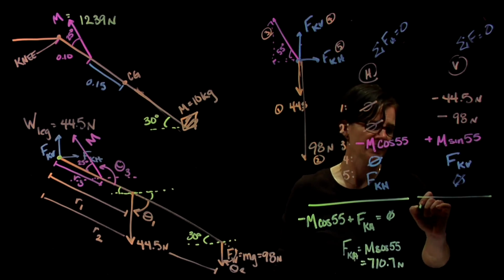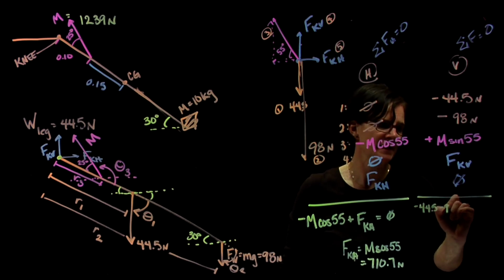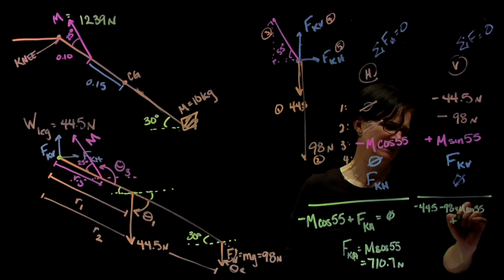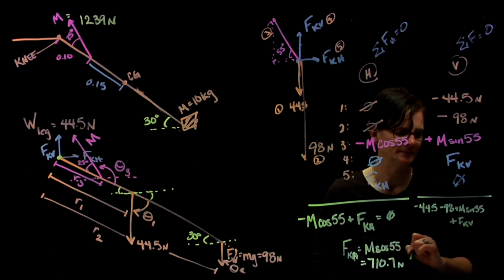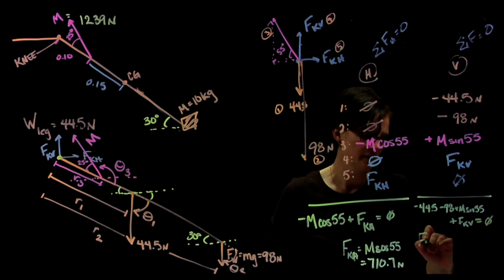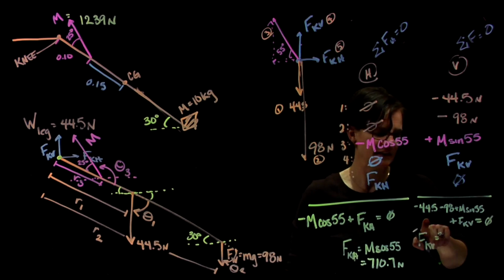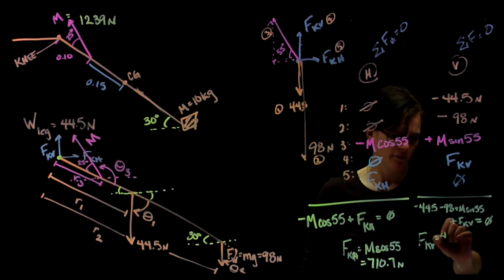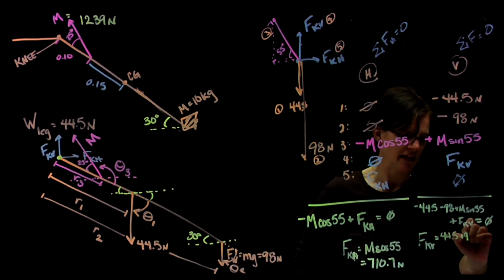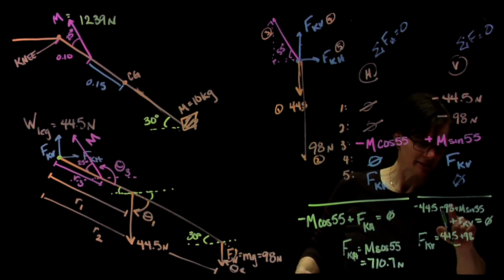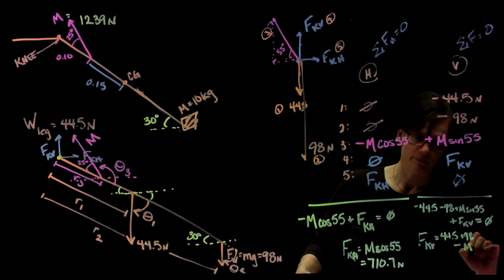Well, we have minus 44.5 minus 98 plus M sine of 55 plus F_K vertical. These all have to equal 0. So my force of the knee vertical is, bring both of these to the other side, 44.5 plus 98, minus the muscle times the sine of 55.